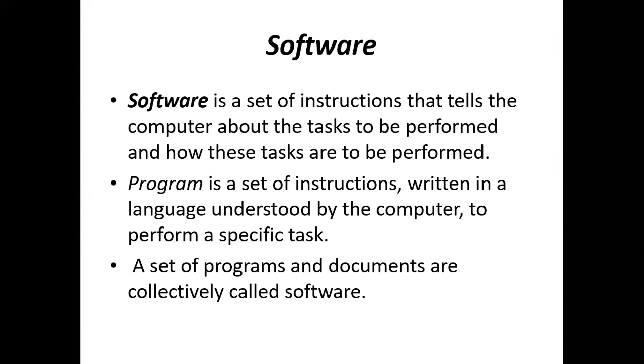Now, software comprises two parts. The two parts are, one, there's a program, and secondly, there is the documentation accompanying the software. A program is a set of instructions written in a language that a computer will understand. And these instructions outline how a task should be performed.